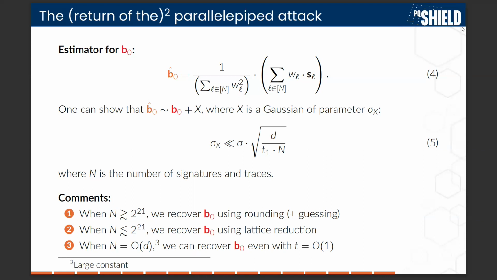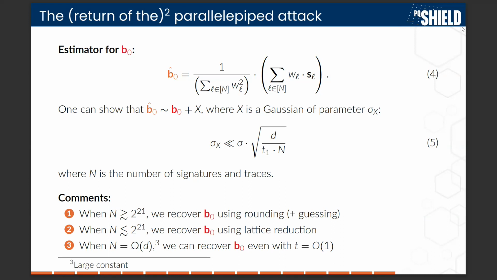So the more traces you have, the more precision you get for your estimate of B0. If you get about 2 million traces, you can recover B0 just by rounding off, simple guessing. If you have fewer than that, you can use lattice reduction to still find B0.